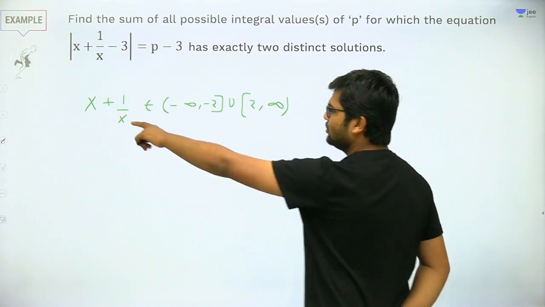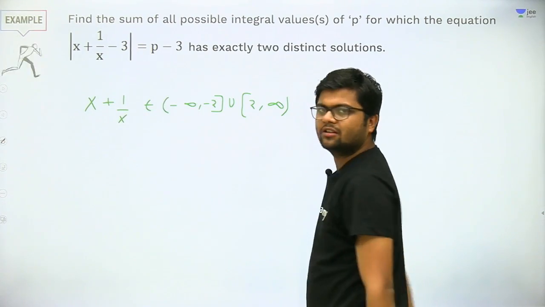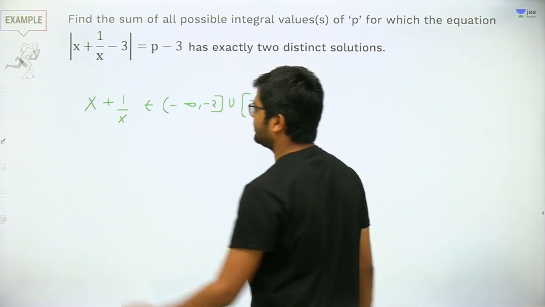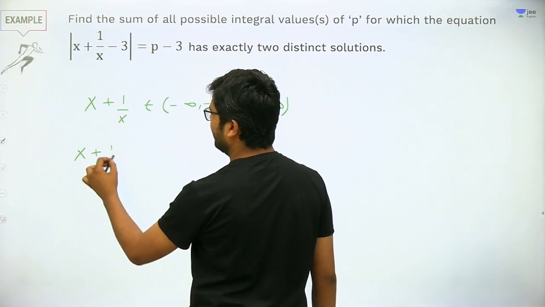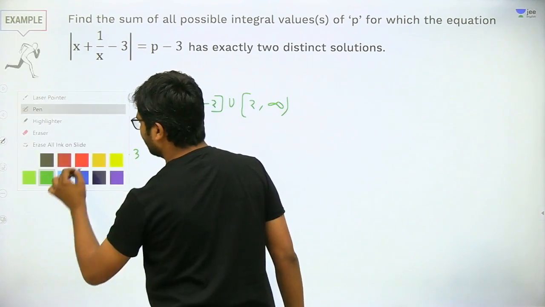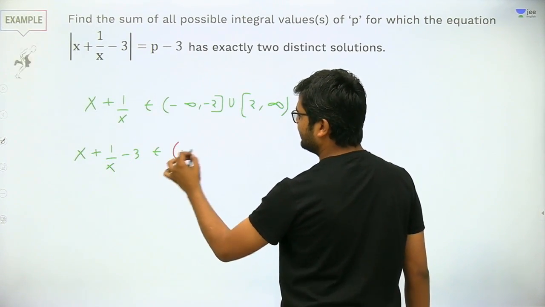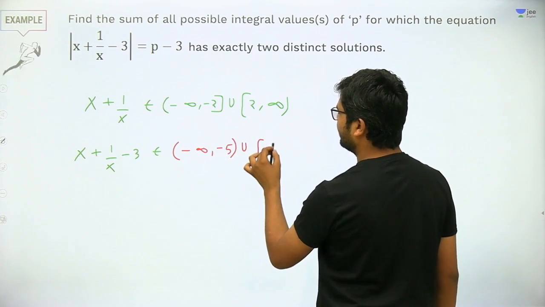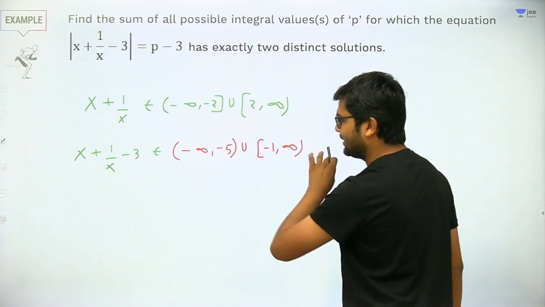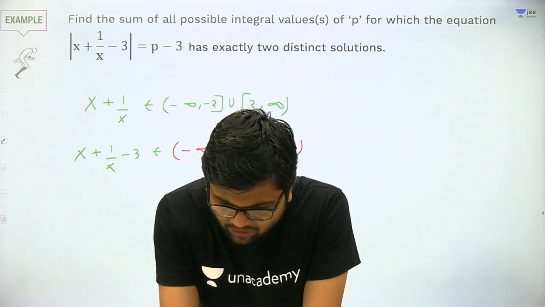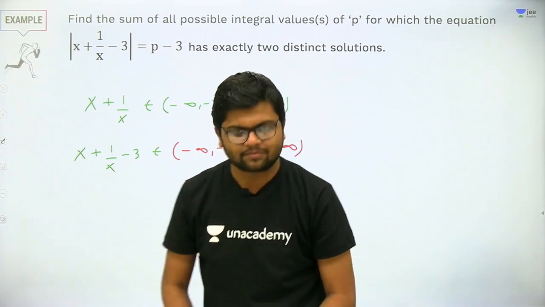And if you subtract 3 from this expression, x plus 1 by x minus 3 will have range minus infinity to minus 5 union minus 1 to infinity. I think till here everybody must have got the situation. Very good logical approach, very good.